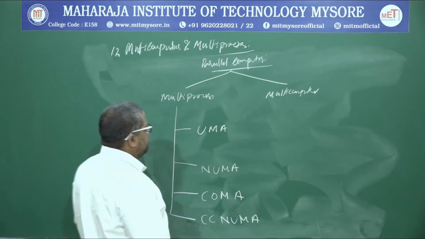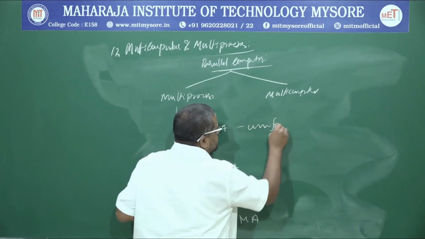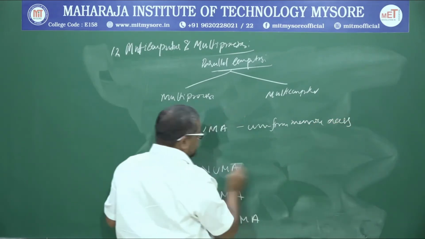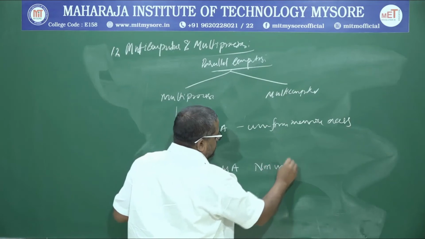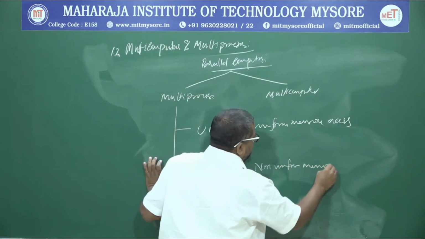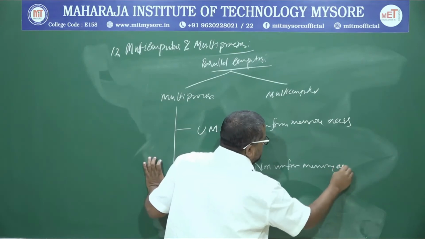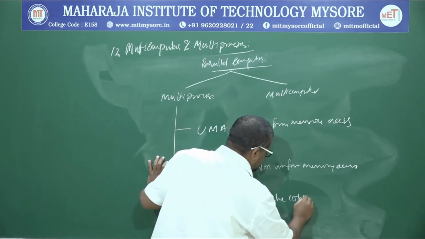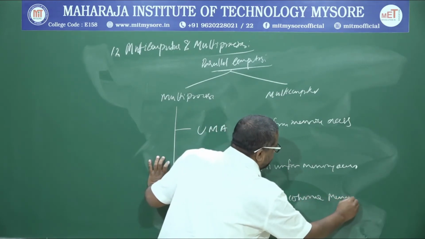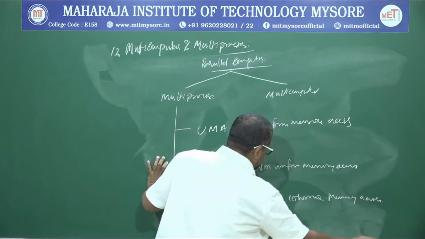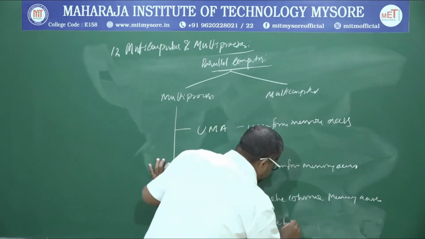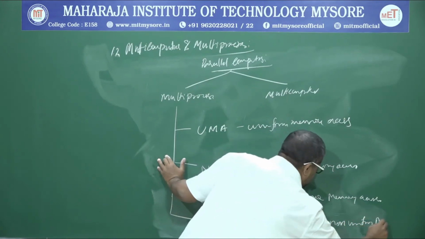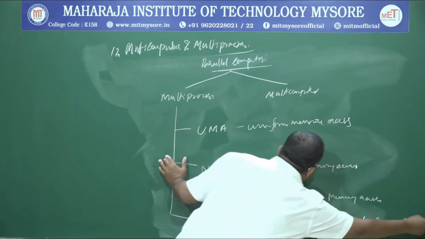UMA stands for Uniform Memory Access, NUMA for Non-Uniform Memory Access, COMA for Cache Only Memory Access, and the last one, CCNUMA, is Cache Coherence Non-Uniform Memory Access, right.